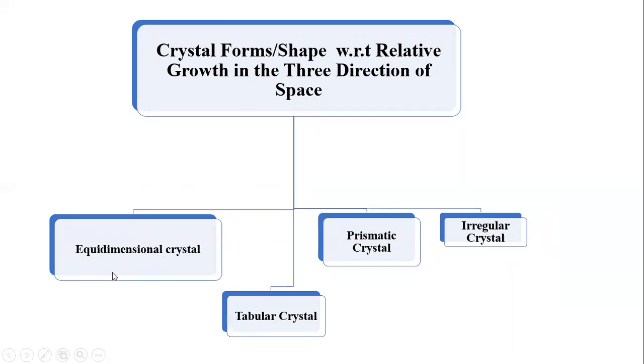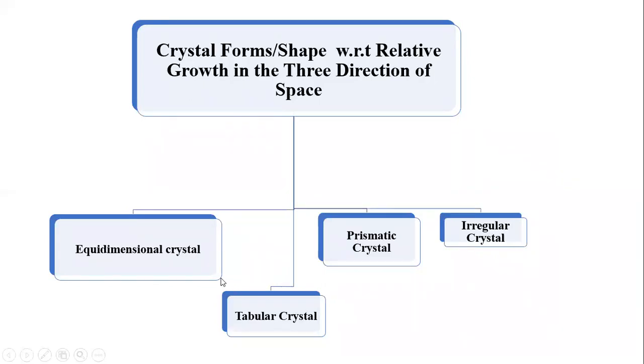Equidimensional crystals are those crystals which are more or less equally developed in every direction. Usually polyhedral crystals such as those of agate, leucite and garnet minerals are equidimensional crystals.